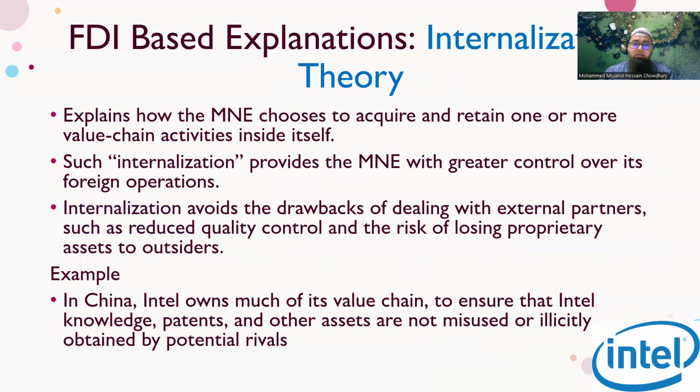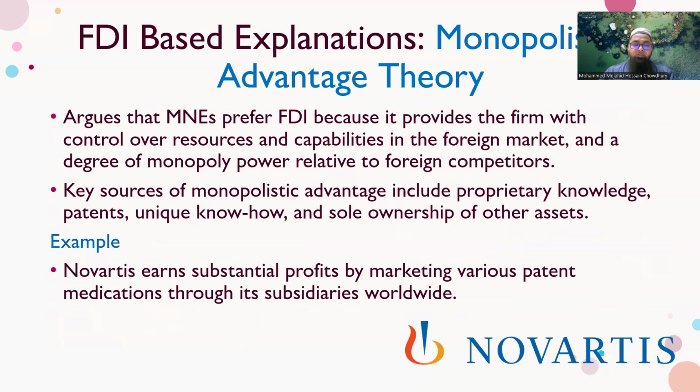I'll be very quick. Firstly, the monopolistic advantage. In this way, the firm gets full control over their resources and capabilities in the foreign market, and also achieves a degree of monopoly over foreign competitors.